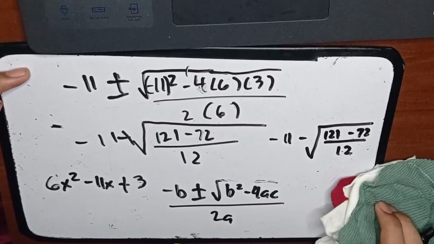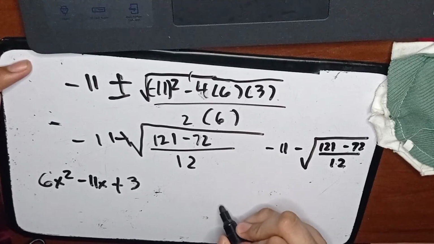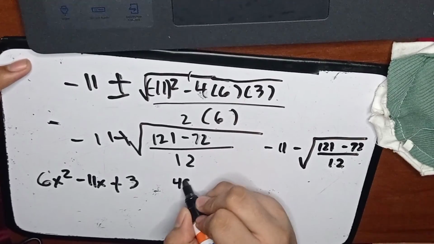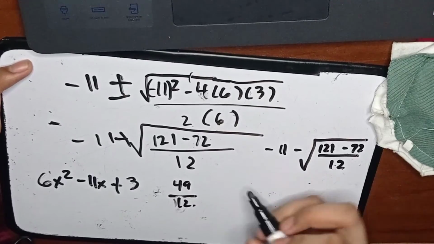So in order for us to find those two remaining, just simplify again. 121 minus 72, we got 49, over 12.